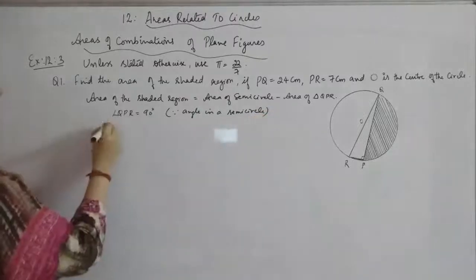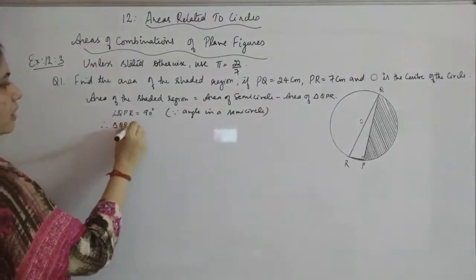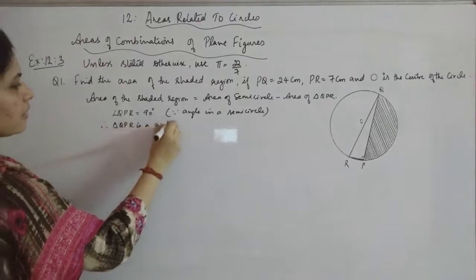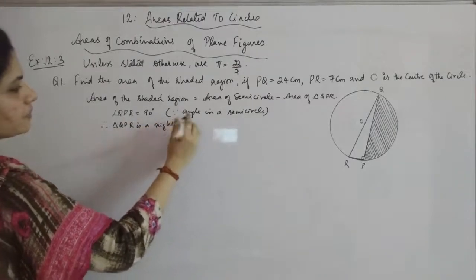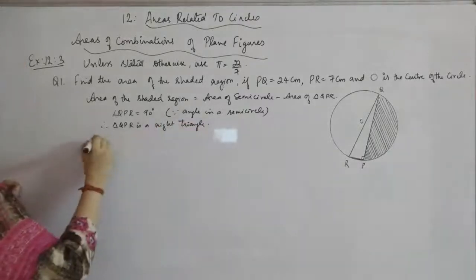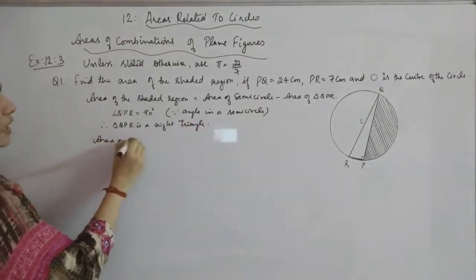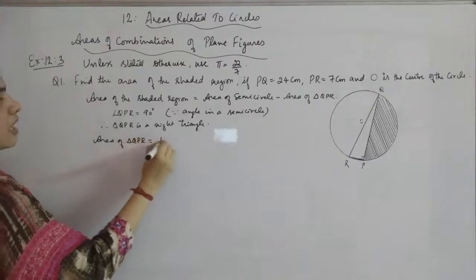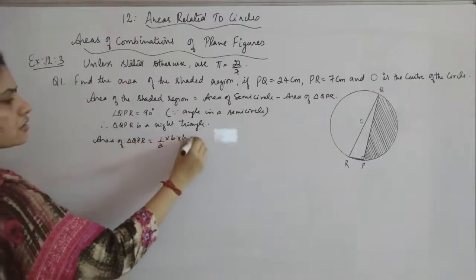Okay, therefore triangle QPR is a right triangle, hence you can find the area of triangle QPR as half BH.